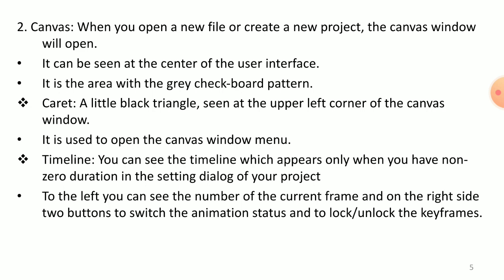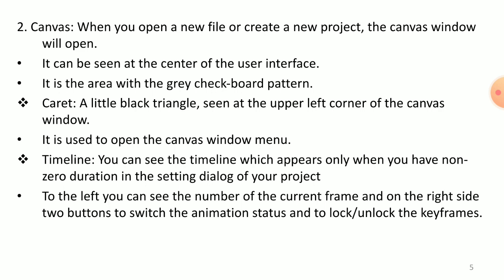Next is the timeline. You can see the timeline, which appears only when you have a non-zero duration in the setting dialog of your project. To the left, you can see the number of the current frame. The timeline window always starts at 0 f, that means frame 0. On the right side, two buttons switch the animation status and lock and unlock the keyframe.